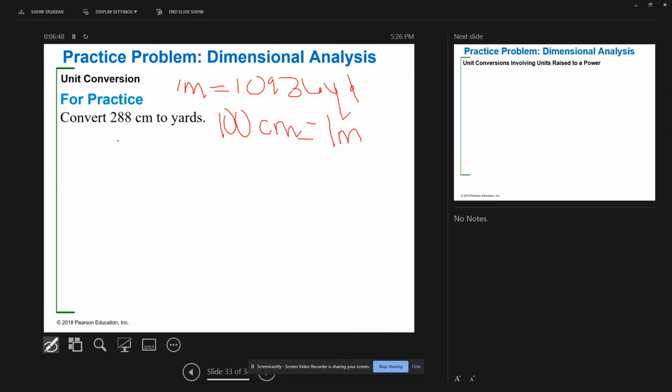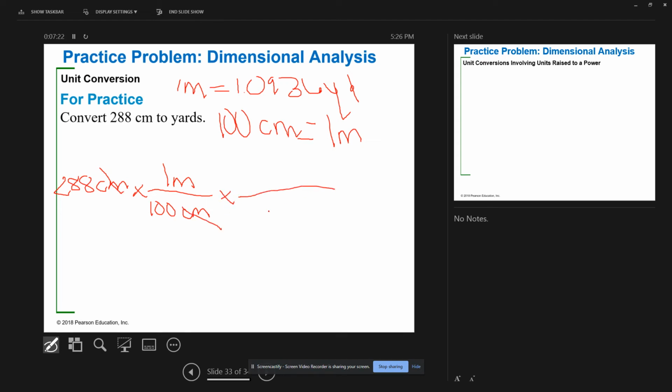So here we're asked to convert 288 centimeters to yards. So what we know is we've got to go from centimeters to meters and then meters to yards. So I have 288 centimeters times, I'm going to put my centimeters on the bottom, my meter on top, so I can cancel those.